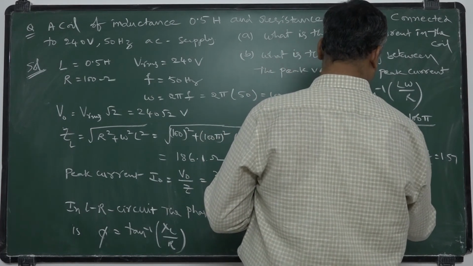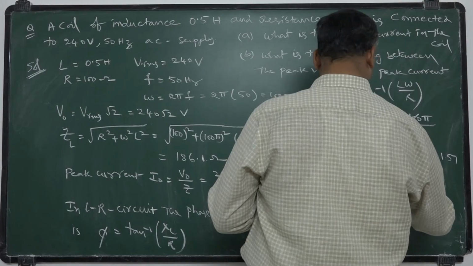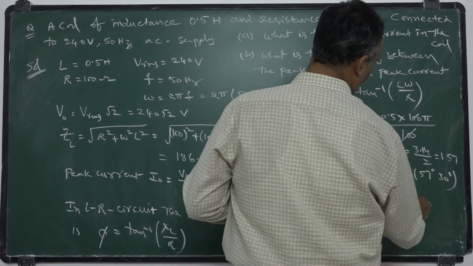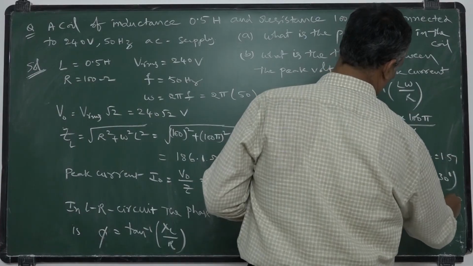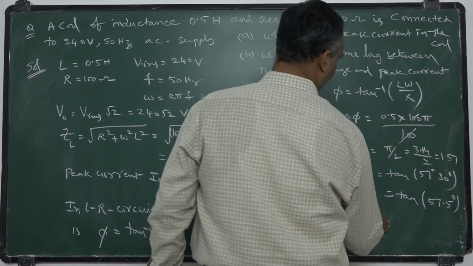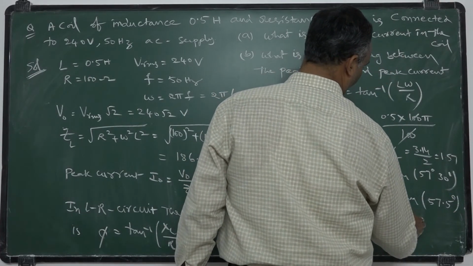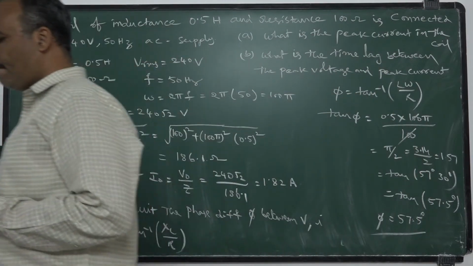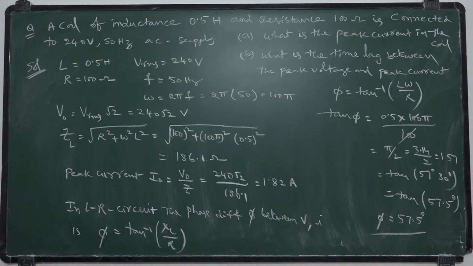You will find approximately it is tan inverse 57 degrees 30 minutes, otherwise 57.5 degrees. So phi value is 57.5 degrees. That is the phase difference between the voltage and current.